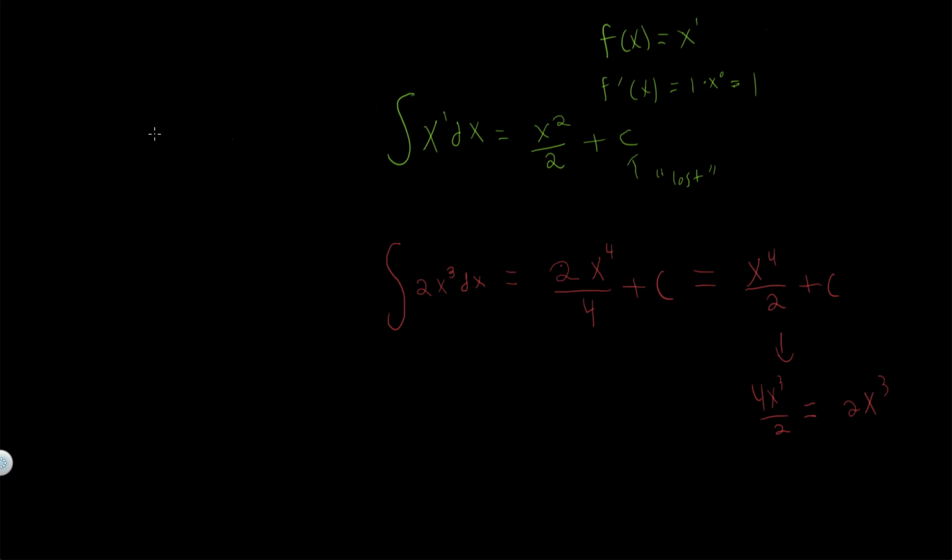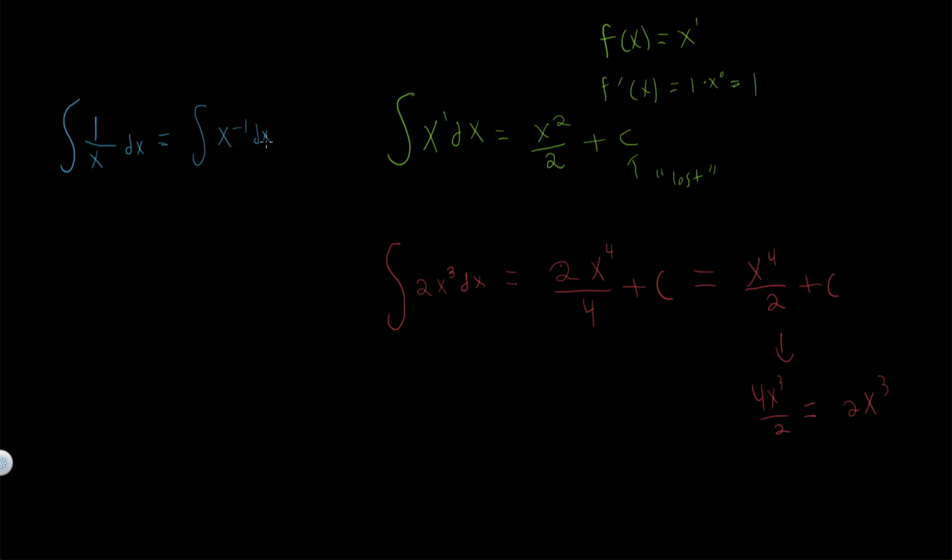Let's say we have the indefinite integral of 1 over x dx. All right, so let's think about this. The first thing I'm going to do is see if we can use the power rule here. So we have the indefinite integral of x to the negative 1 dx, right?